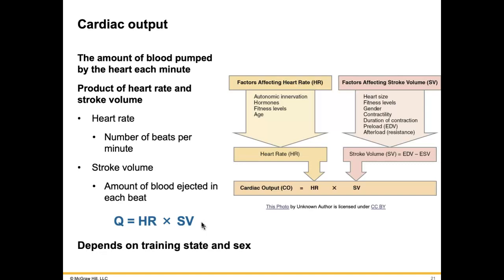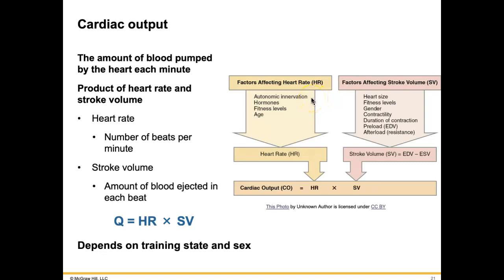Now let's take a look at some of the other components that have to do with heart rate and stroke volume, because clearly if we have these numbers go up, our cardiac output number is going to go up and vice versa. So our heart rate is going to be in tune depending on our autonomic innervation.